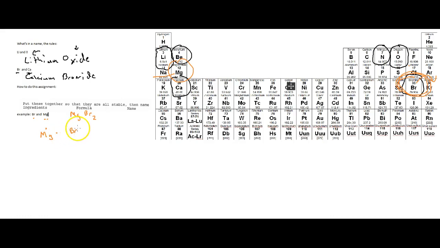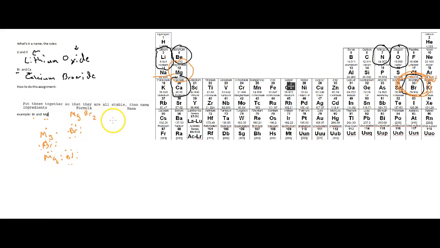I got bromine, 1, 2, 3, 4, 5, 6, 7 because it's the next to last row. I attach them up. Magnesium, therefore dot, 1, 2, 3, 4, 5, 6, 7 fills in 1, but I still got a dot up here. So then I put a bromine right here, 1, 2, 3, 4, 5, 6, 7, 8, and bromine is now happy. Bromine has a full shell. Magnesium has lost all of its electrons.